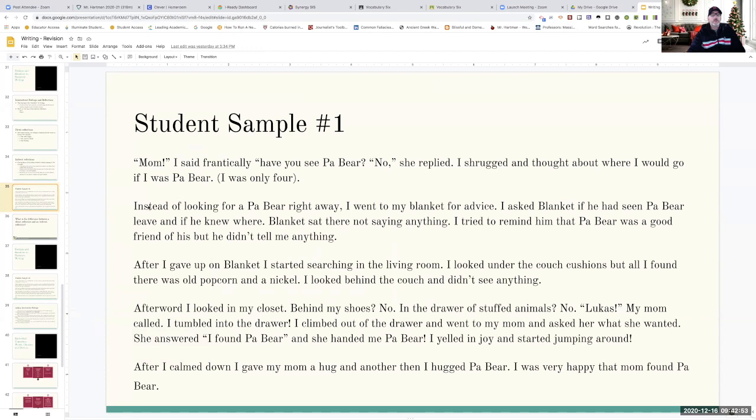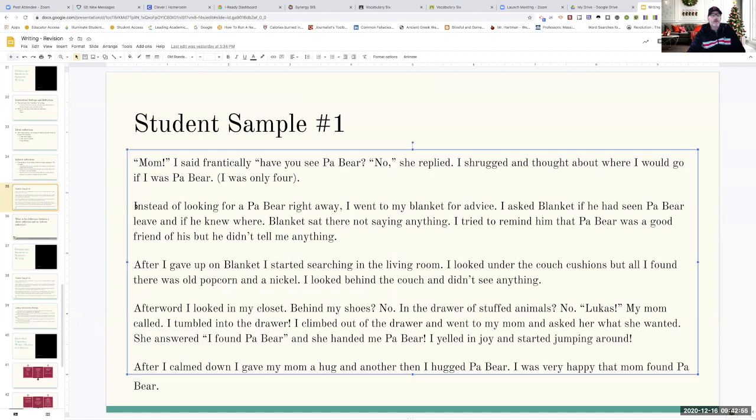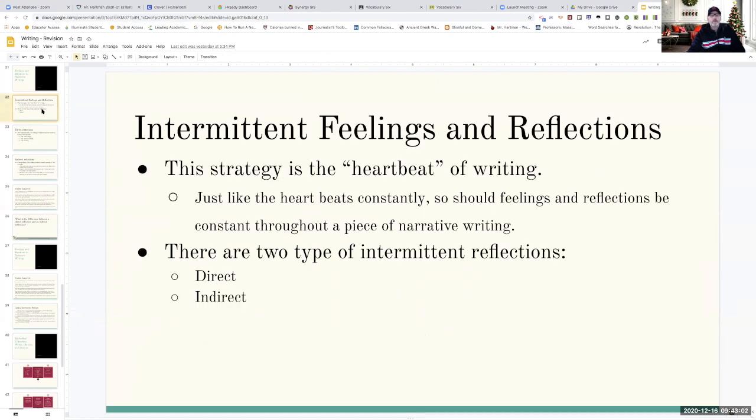So there are really 2 things that I needed you to do. The first is we talked about intermittent feelings and reflections, and how that particular strategy is the heartbeat of writing. Whenever you're writing a narrative, you are sharing your thoughts and your feelings as you are walking the reader through your story.